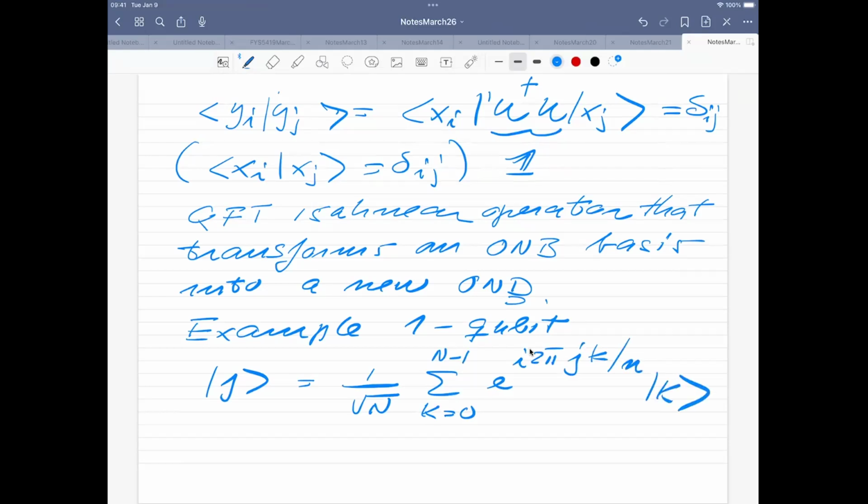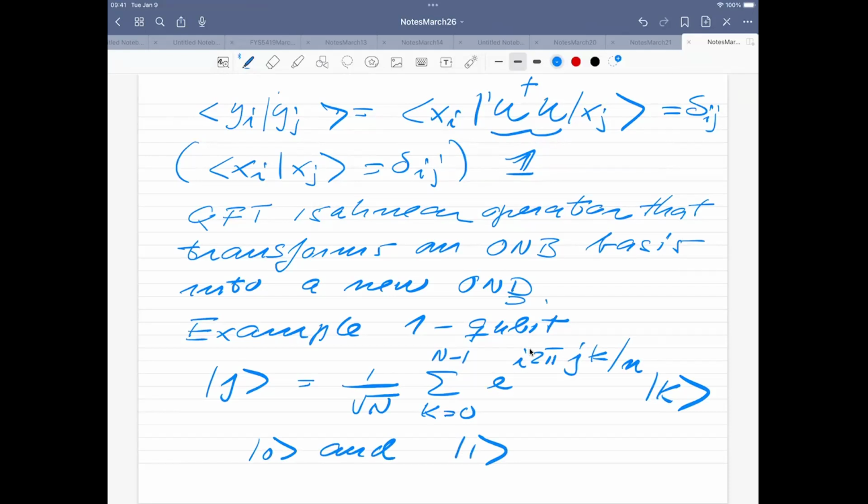So if we look at the 1 qubit case, then we will have two states, 0 and 1. If you think of this in terms of the so-called Bloch sphere, we have one state which points up. So the 0 state is what we label as the north pole. And then we have the 1 state which points down.